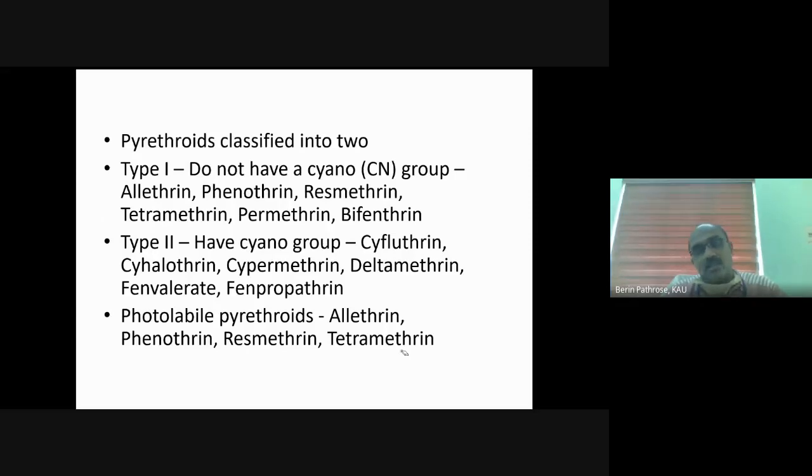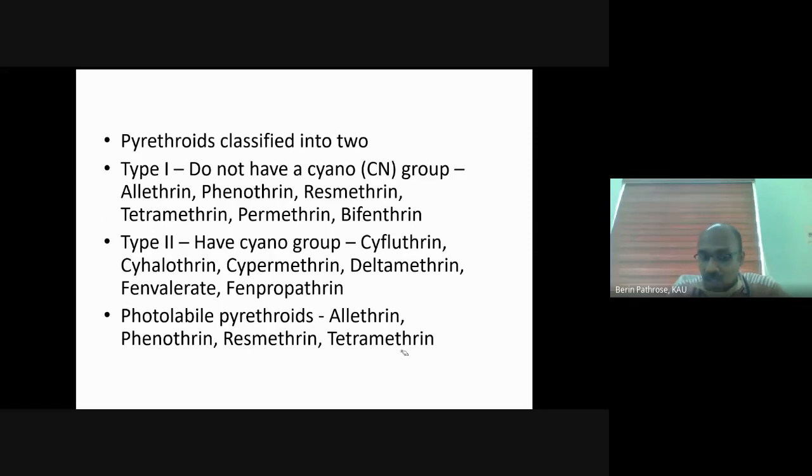Type 2 pyrethroids, which we also call alpha-cyano pyrethroids, consist of cyfluthrin, cyhalothrin, cypermethrin, deltamethrin, fenvalerate, and fenpropathrin.